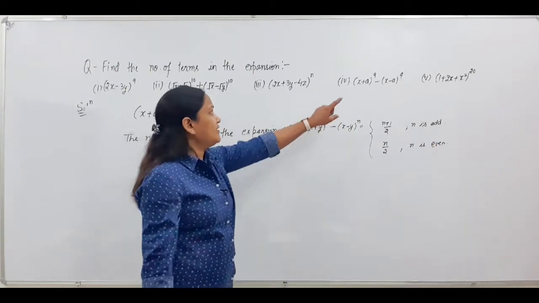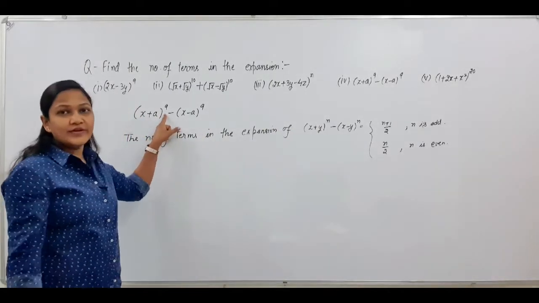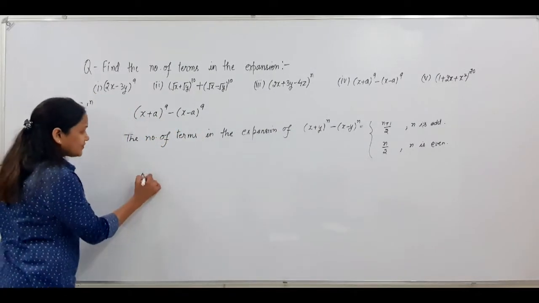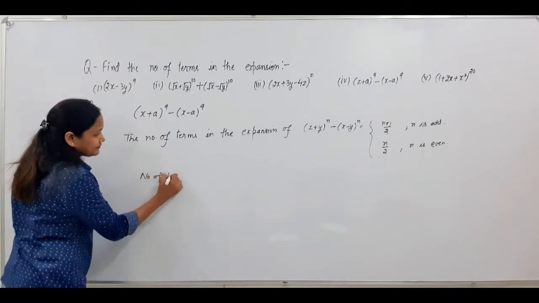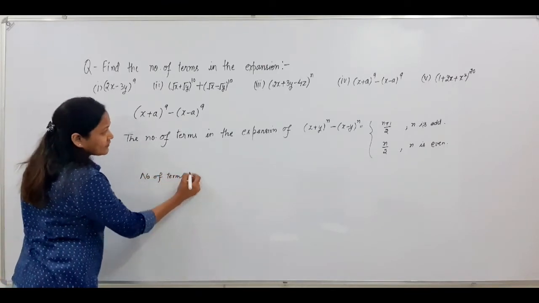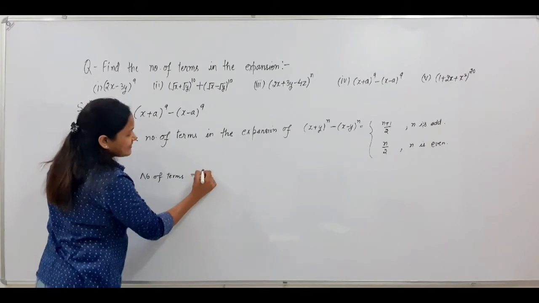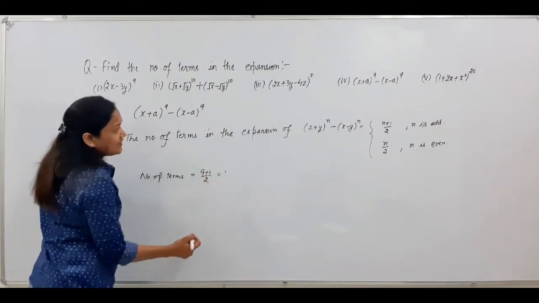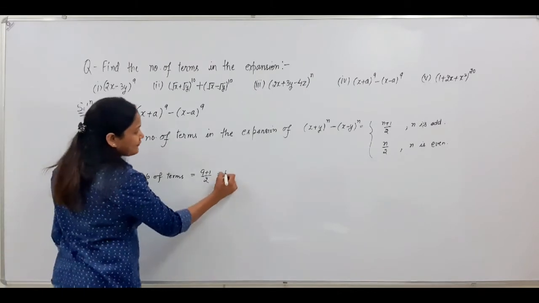So here in this question your n is odd. So the number of terms will be (9+1)/2. So there are 5 terms.